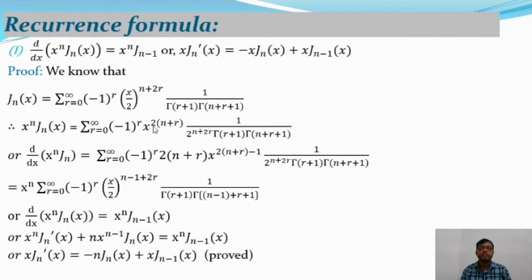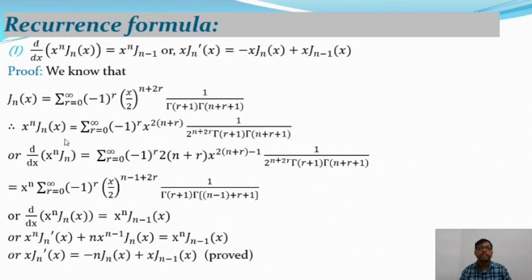So it will be x to the power 2 into n plus r into 1 by 2 to the power n plus 2r, where (x by 2) to the power n plus 2r is equal to x to the power n plus 2r by 2 to the power n plus 2r. Okay, and after multiplying by x to the power n, we will get x to the power 2 into n plus r by 2 to the power n plus 2r, into 1 by gamma r plus 1 into gamma n plus r plus 1.